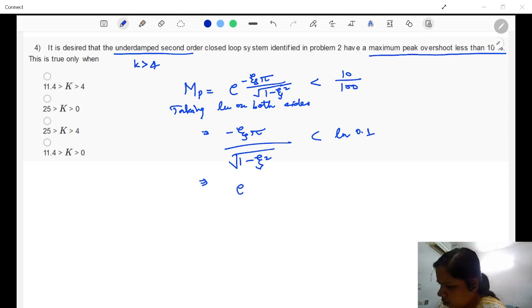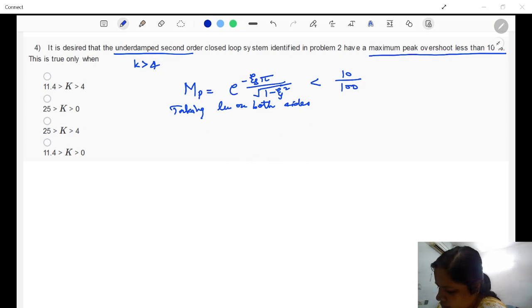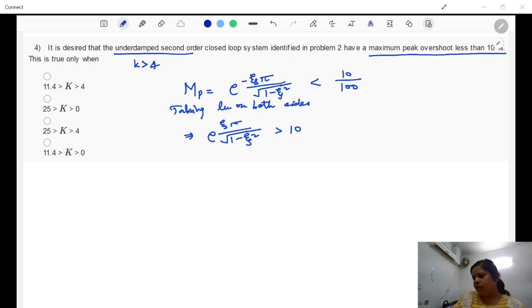Or we can take the other way also. Before taking log, I will take you through the other steps. Let's say I want to remove this minus sign. Zeta pi upon under root 1 minus zeta square should be greater than 10, right? I have just flipped the numerator and denominator with the change in sign.